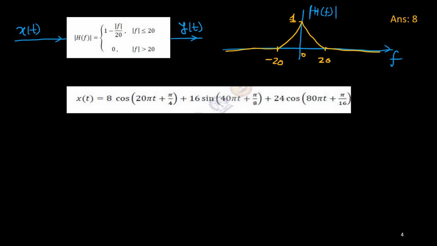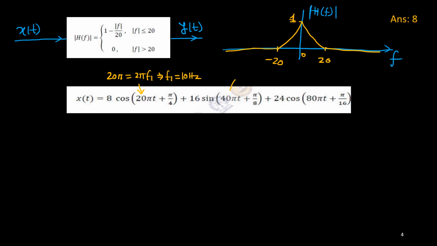Now the frequencies I can consider. For this one, the frequency is 20 pi equals 2 pi f1. That means f1 equals 10 Hz.